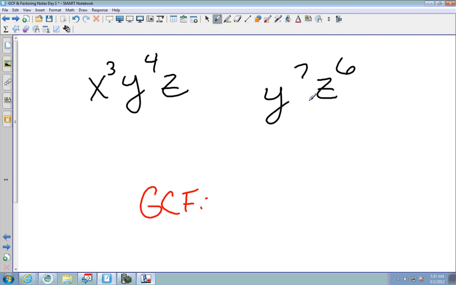Does the other one have an x? No. So x cannot be one of the GCFs. There's a y here. Is there a y in the other one? Yes, there is. So I know there's a y. What is the smallest exponent out of the y's? A 4. So it's y to the 4th power. The next letter that's in common in both of them is a z. What is the smallest exponent on the z? A 1. So your greatest common factor is y to the 4th z.